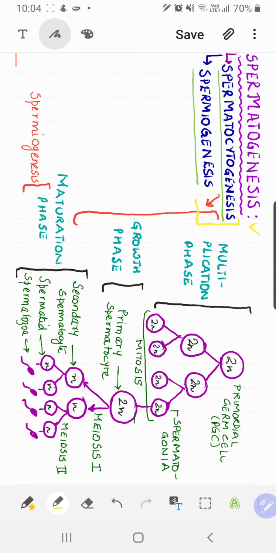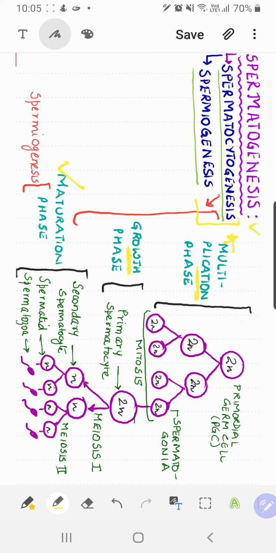The whole spermatogenesis process is completed under three phases. One phase is characterized by multiplication, second phase by growth, and the third phase by the maturation of the developing spermatozoa. Right, children? So you must understand these two things.